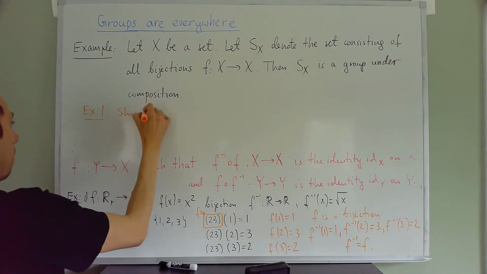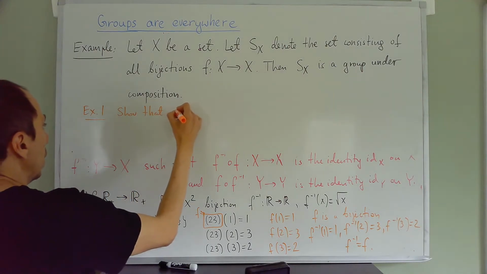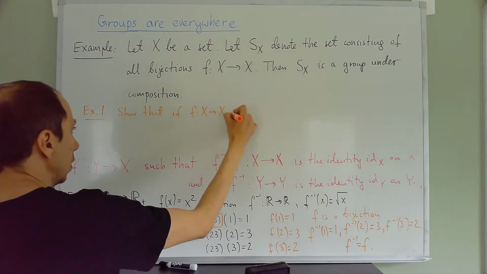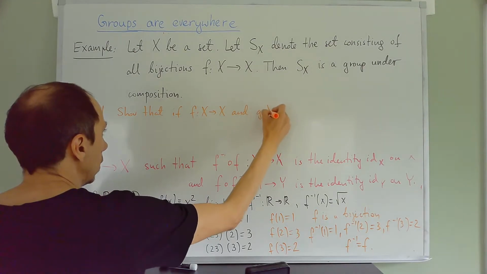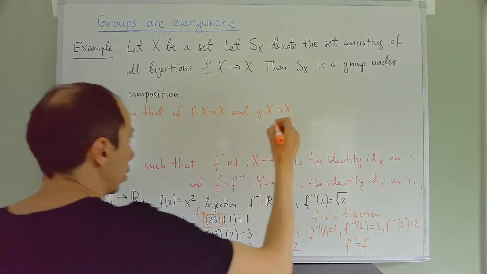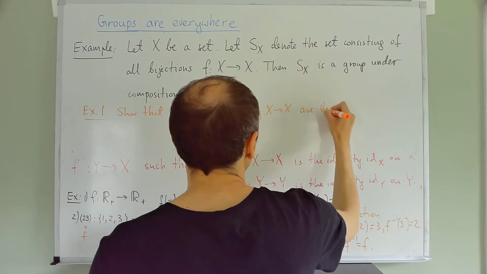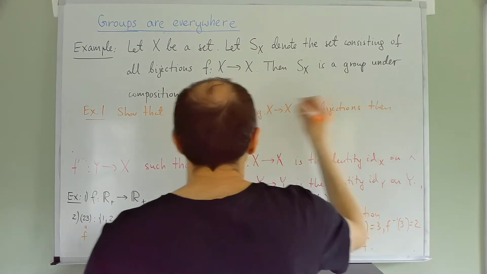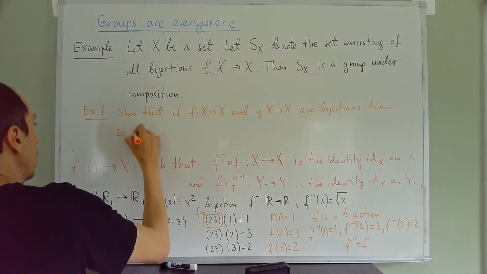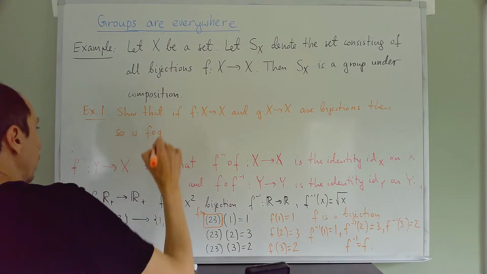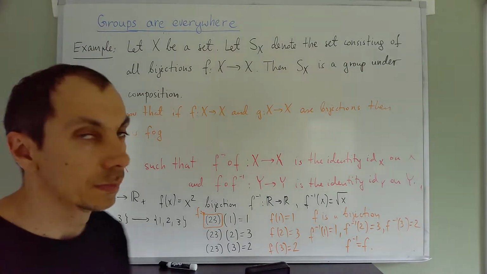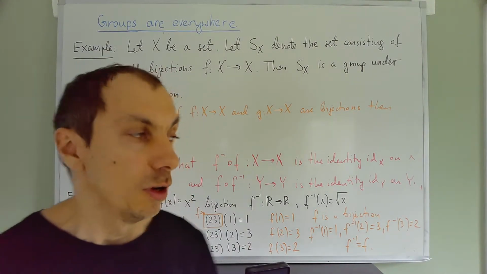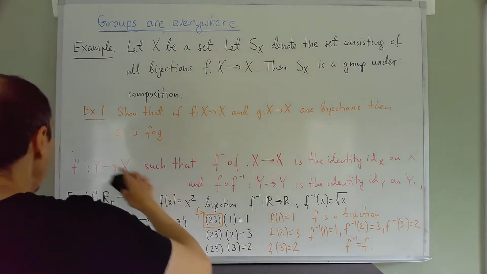Show that if f from X to X and g from X to X are bijections, then so is f composed with g. So if you compose bijections, you get a bijection. Now, pictorially, that's kind of clear.